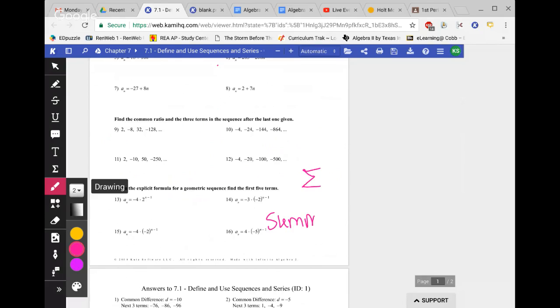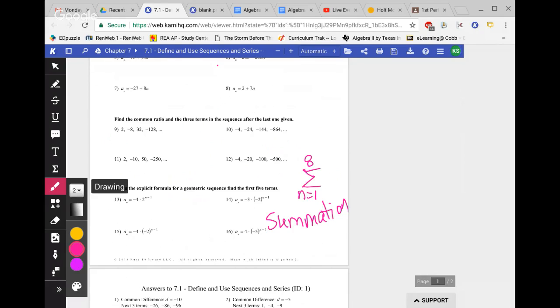We didn't really work a lot with it yesterday. It's more of a syntax thing, but just to give you an idea, if I had n equals 1 and up here it was 8, that's telling me that they want me to add the first 8 terms of the series. And you're going to learn how to do that in today's lesson.